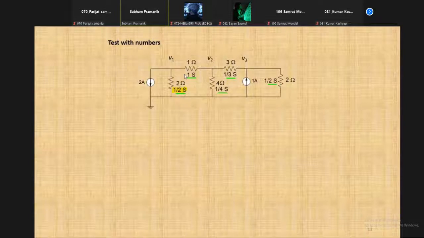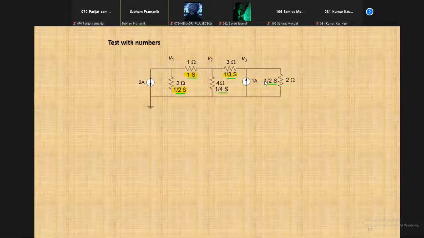I hope you know the unit. This is Siemens. For 2 ohm resistance it is half Siemens. Similarly, for 3 ohm it is 1/3, for 4 ohm it is 1/4, for 2 ohm it is half.